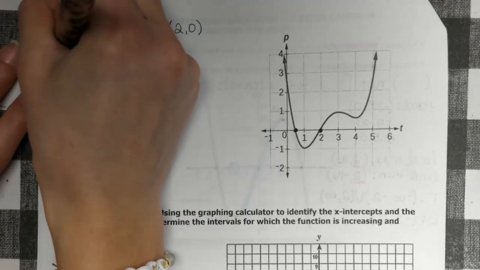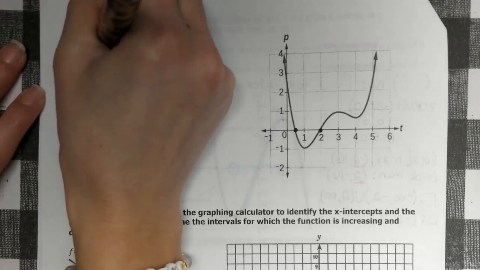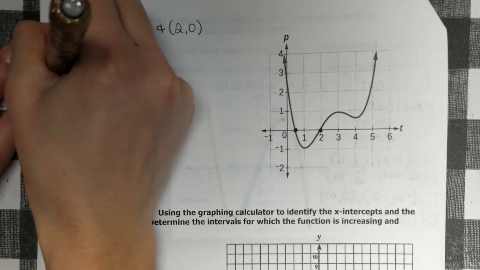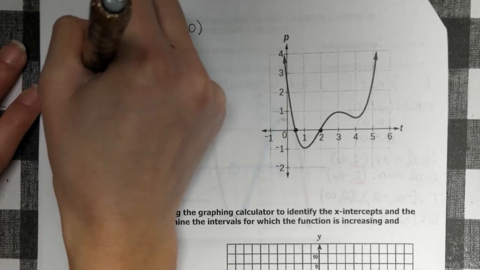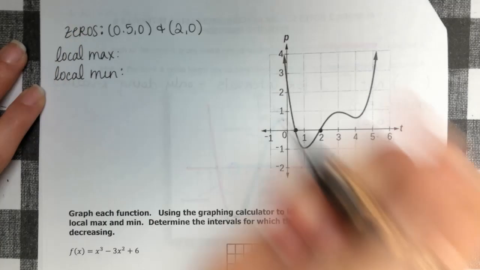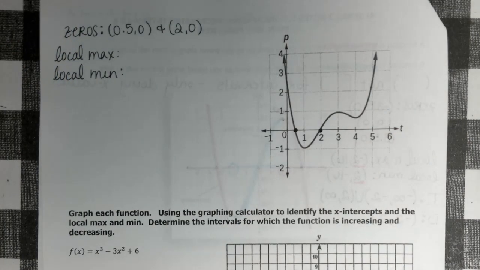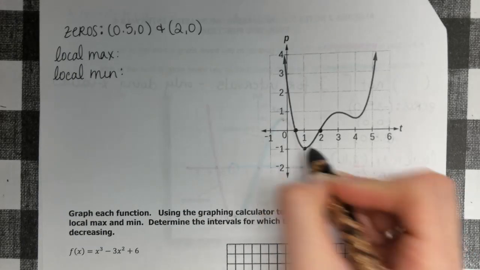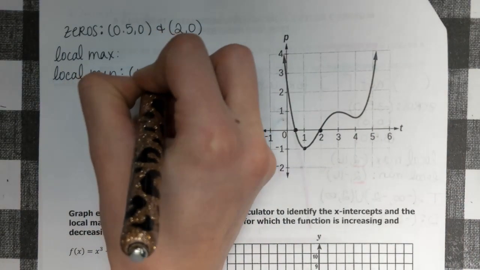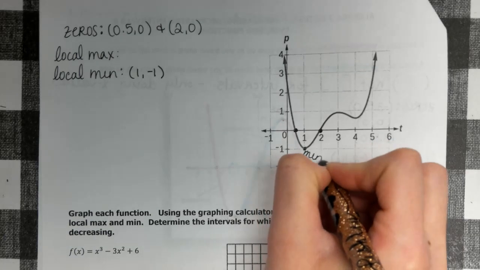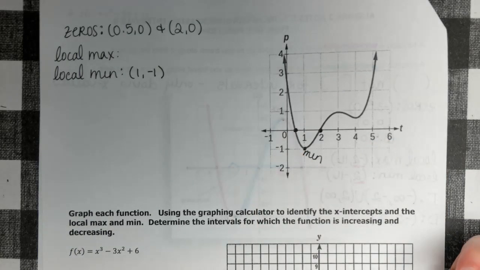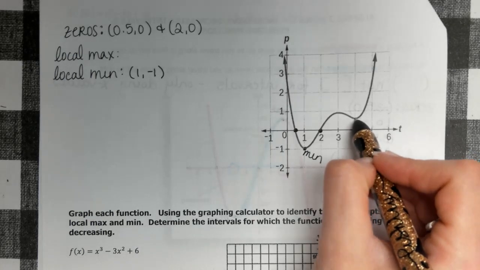Okay, then we're going to look at local max and mins. Okay, where do I have a minimum? (1, -1). Is there anywhere else? Just estimate that to be like 0.5.